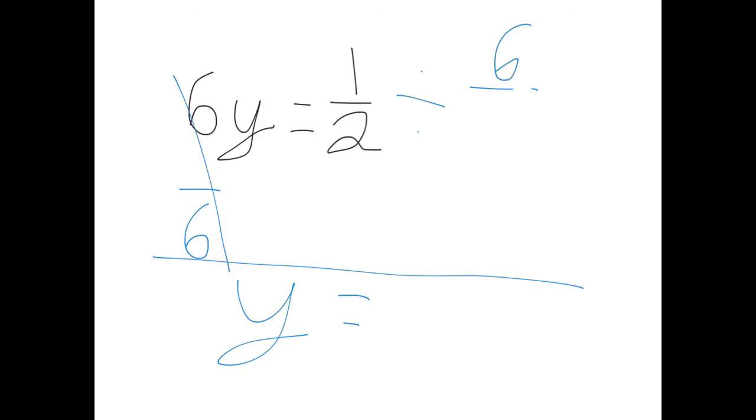So I'm going to flip 1 over 6. But now we have to multiply. But there's nothing to cross multiply, so this is where you're at. This is going to equal 1/12.